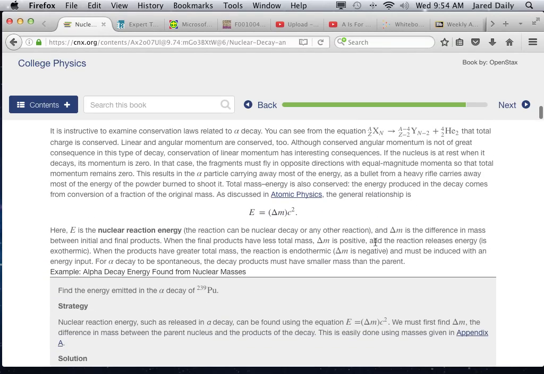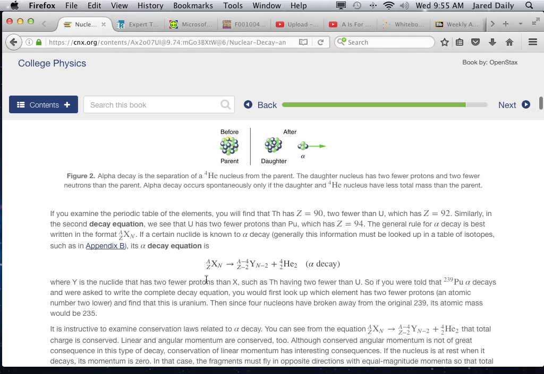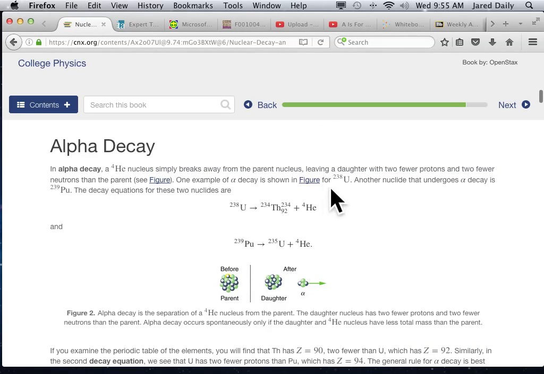And now we learn how to calculate the mass defect. Okay, so when you go through these decays, there's always some kind of mass defect. That means that the mass of the stuff on one side of the equation is different than the mass of the stuff on the other side of the equation.